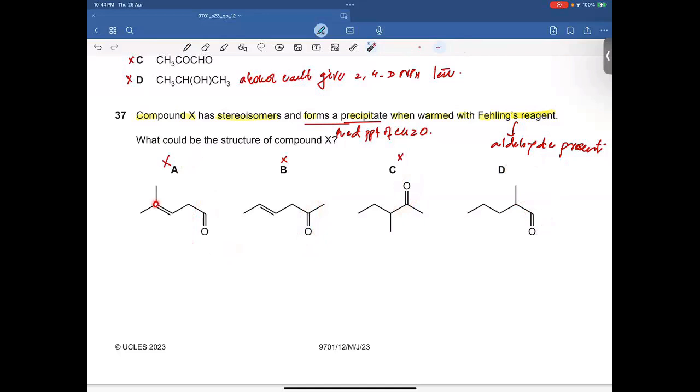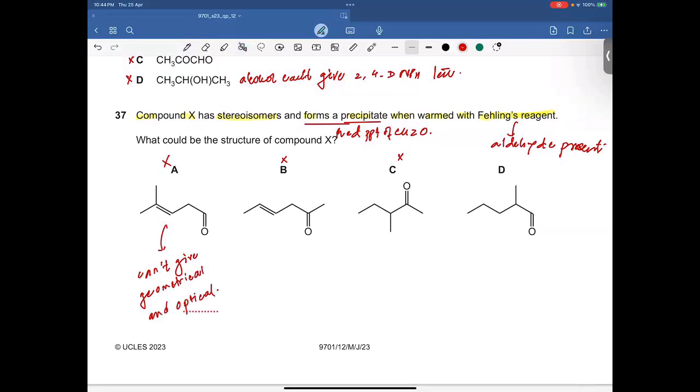Since this carbon is attached to two similar CH3 groups, this compound cannot give you geometrical isomerism, and since it has no chiral carbon atom, it has no optical isomerism either, so neither geometrical nor optical.